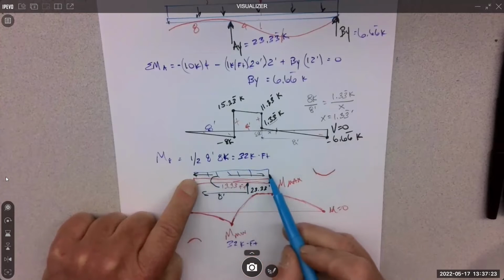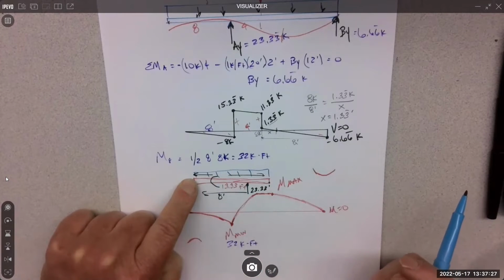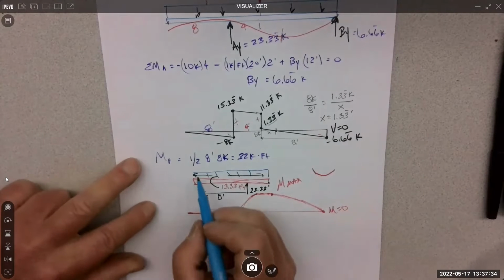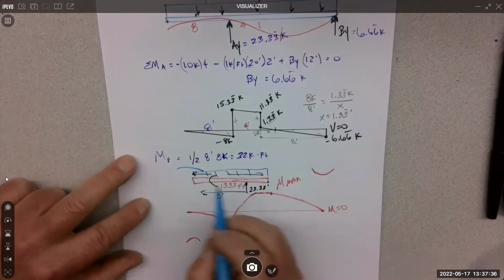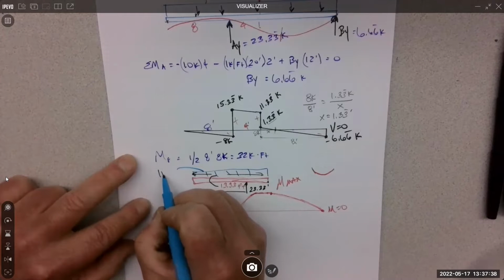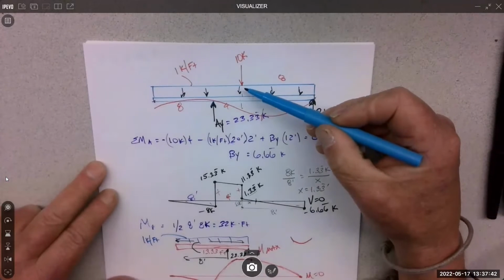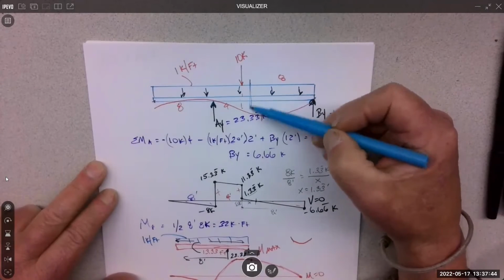But absolutely, we have to redo it. Yeah, I mean it's 1 kip per foot, but we have to recalculate it for sure. Does the 10 show up? Yeah, because our cut's right here.